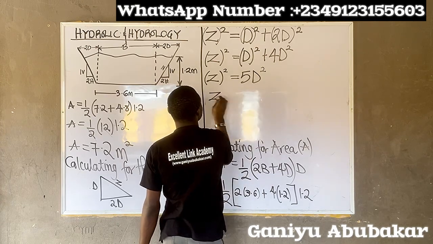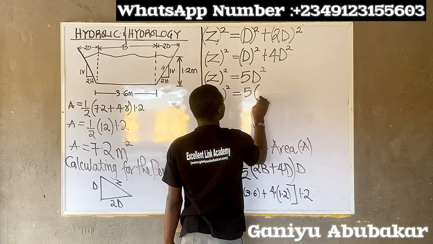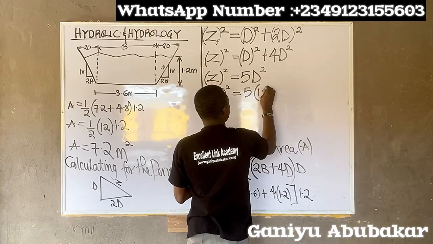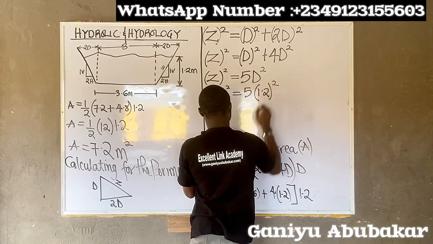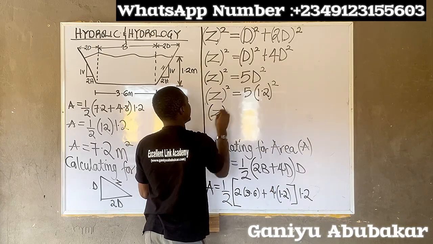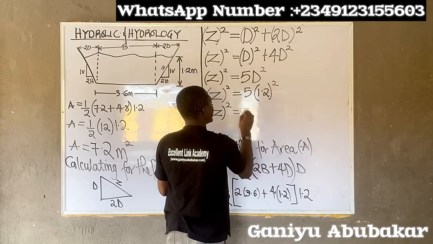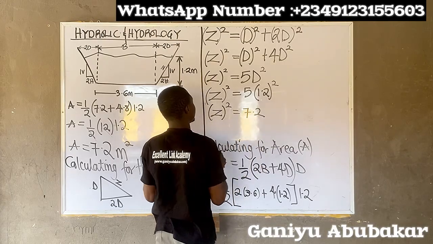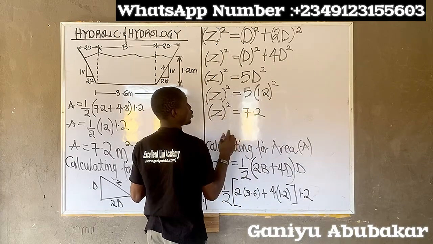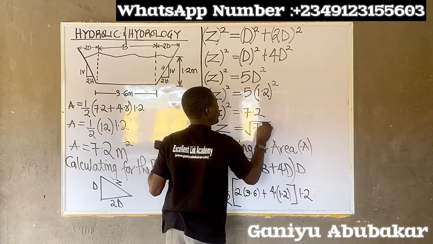This gives you Z square is equal to 5 into 1.2 all squared. Z squared gives you, multiplying this together, 7.2, right? So the square here becomes a square root. That gives you Z equal to the square root of 7.2.